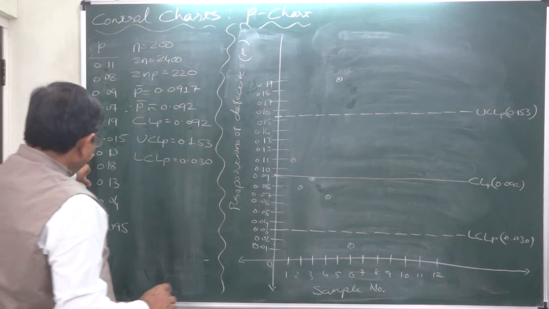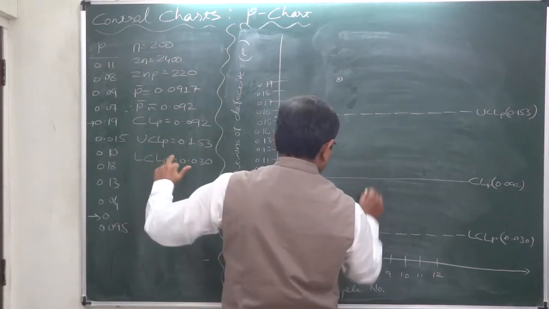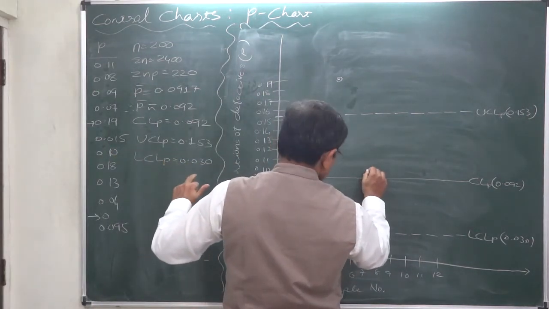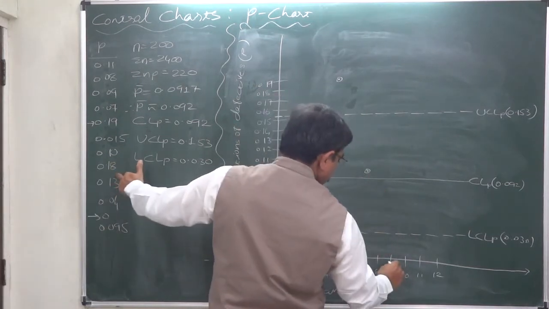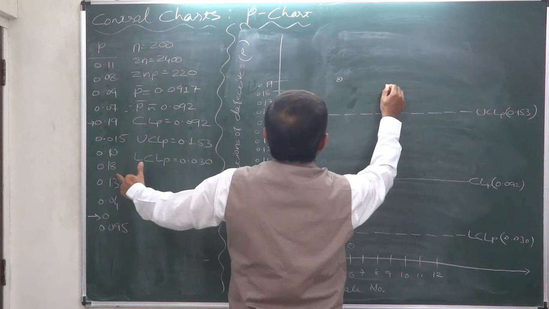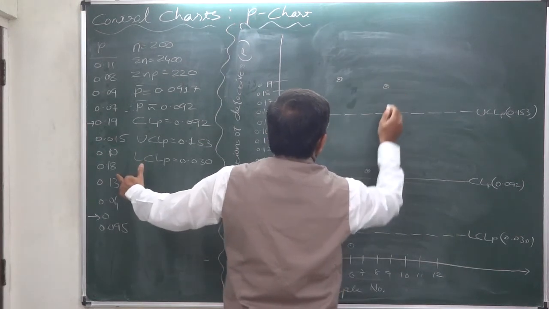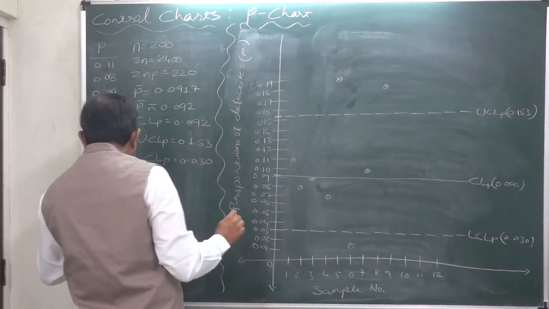Sample number 7, 0.10. Sample number 8, 0.18. Sample number 9, 0.13.